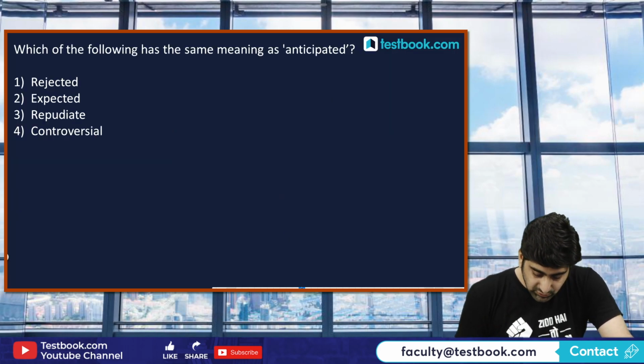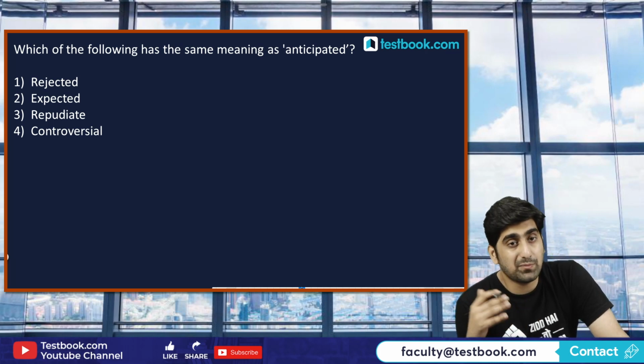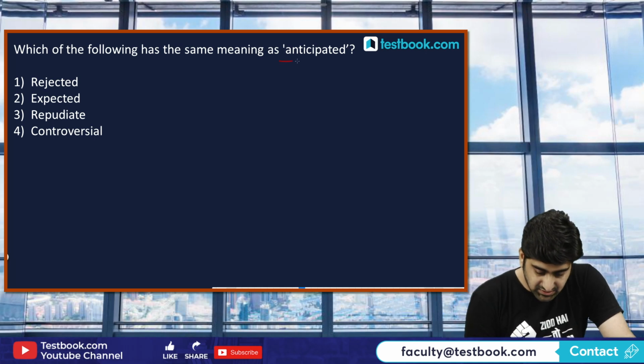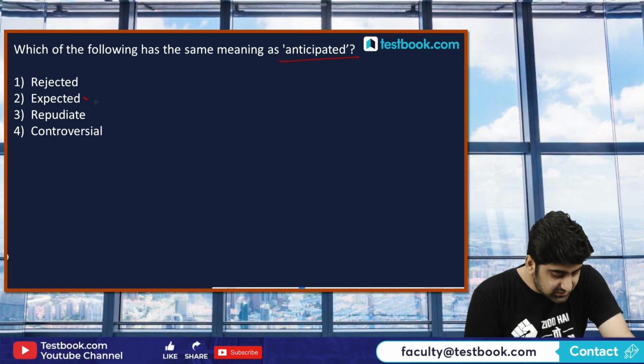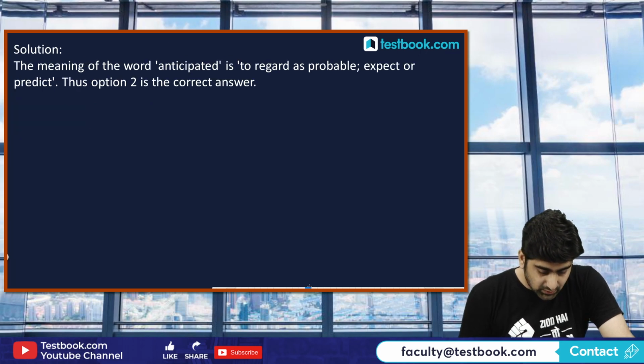This is how we can see the usage. The word has one question from the examination: which of the following has the same meaning as anticipated? You have to give the answer. Similar meaning of the word anticipated, obviously expected, can be taken as the correct answer. There is no doubt about it. That is option choice number 2.